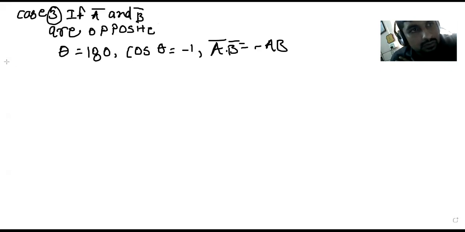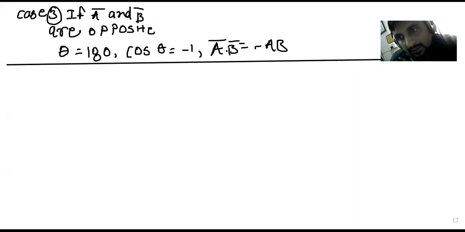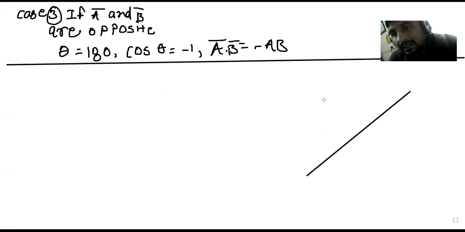Now, along with those different cases of theta, I just wanted to define some cases for unit vectors also. So I hope you know what is unit vector. See, if I have this vector, it will have 3 components, and those 3 components can be specified with respect to x, with respect to y, and with respect to z.